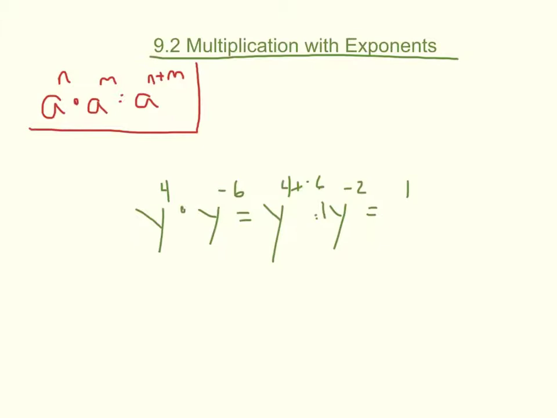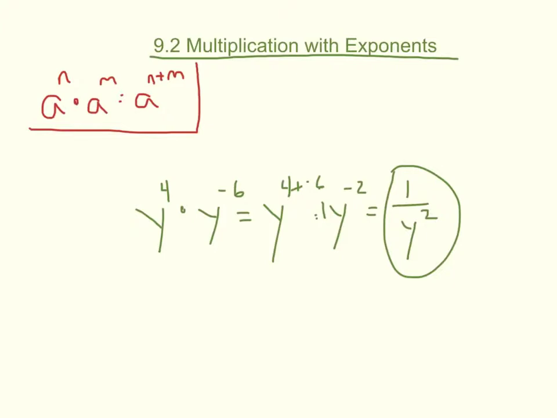Remember, there's a 1 out front there, so the 1 stays, and the exponent changes to a positive. Again, this is only a partial answer. This would be the full simplified version, so be mindful of that. If you get an answer with a negative exponent in it, you need to take care of it.